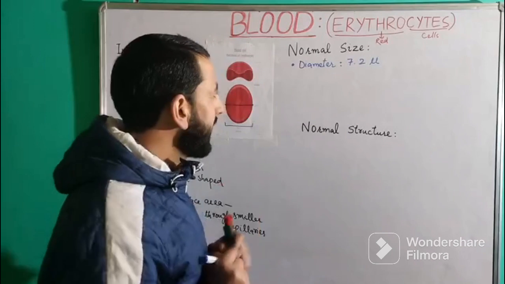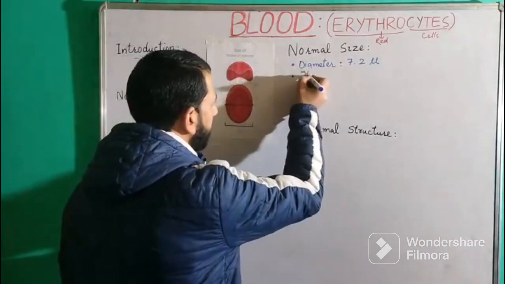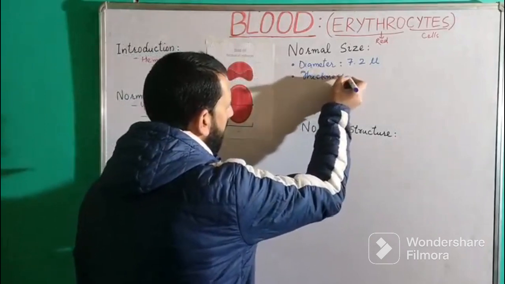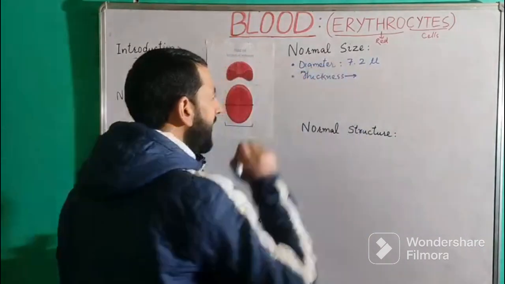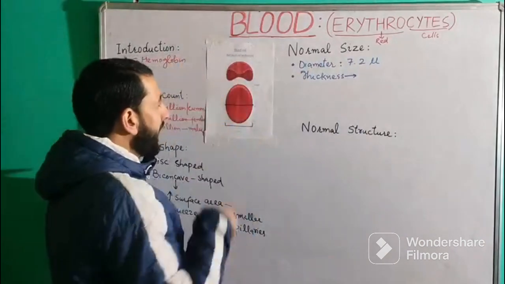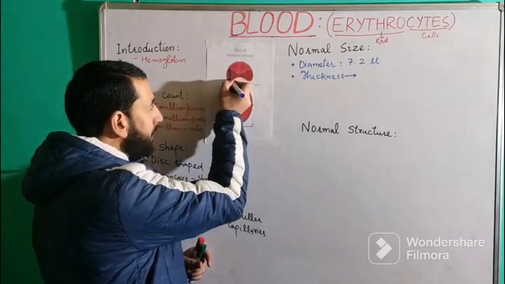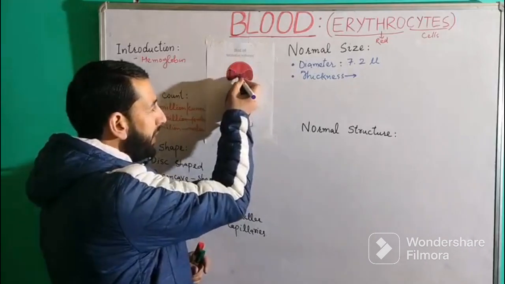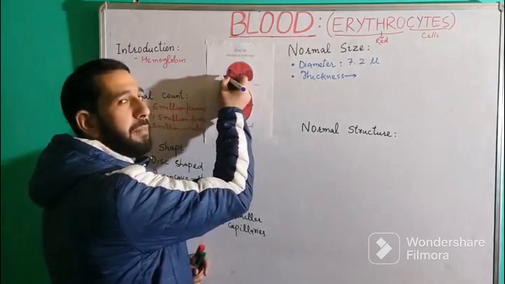The second thing in the normal size we are going to talk about is thickness of the RBCs. As I told you just now, when we talk about the thickness of RBCs, it varies from the peripheral area to the central area. The central area of the RBCs is actually thinner as compared to the peripheral area.